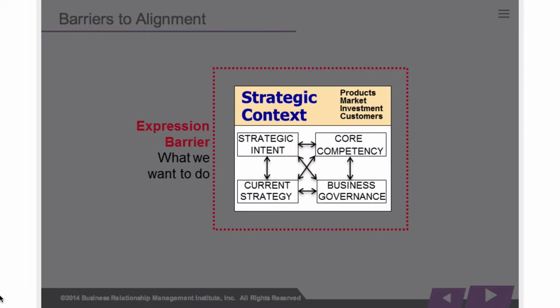In some cases, the business strategy is continually shifting, which makes it impossible to develop an appropriate IT portfolio. The expression barrier can also take effect within the business. Line managers may not have the same understanding of the business strategy as the senior executives. Business relationship managers will get very mixed messages in their discussions, depending on who exactly they work with.